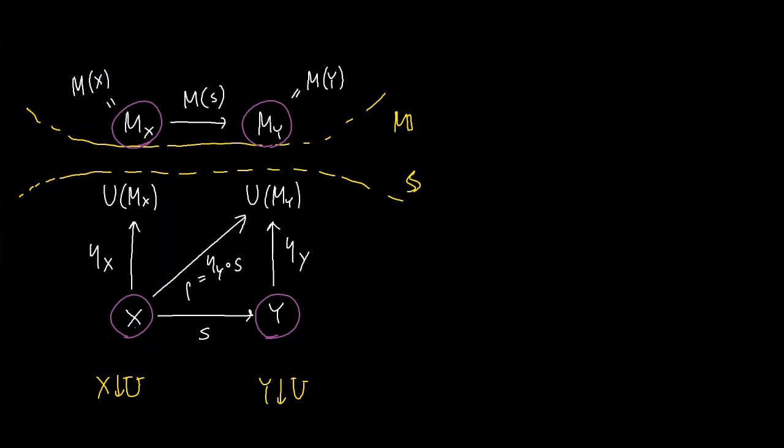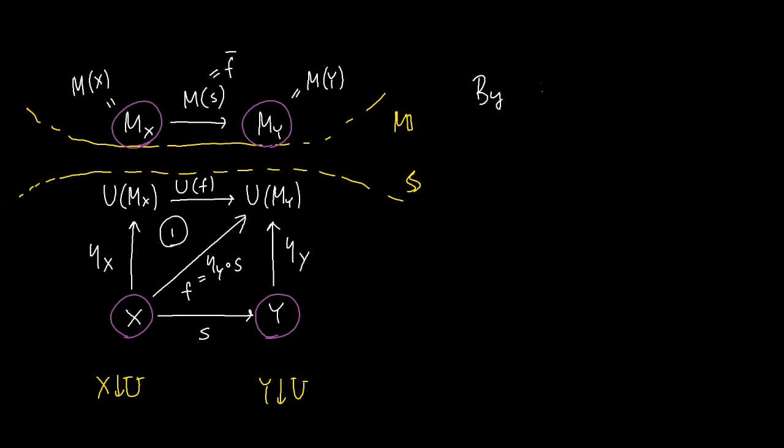Because it's initial, there will be a unique morphism from here to there. That unique morphism means a unique morphism at the top there, which will be my f bar, such that the triangle commutes, where the triangle is number one triangle here.